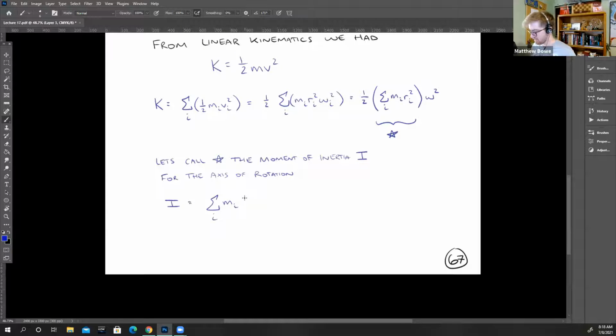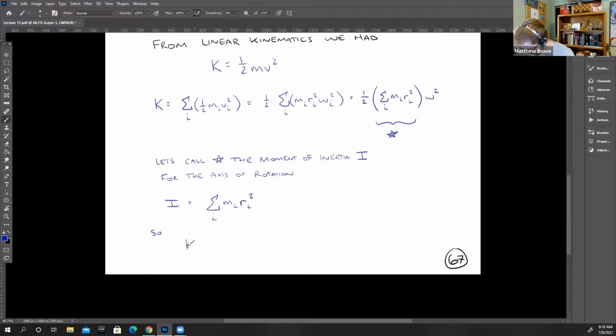Pretty much the mass of the object multiplied by how far away the object is from the point of rotation. So mass of the object times how far away it is from the axis of rotation.